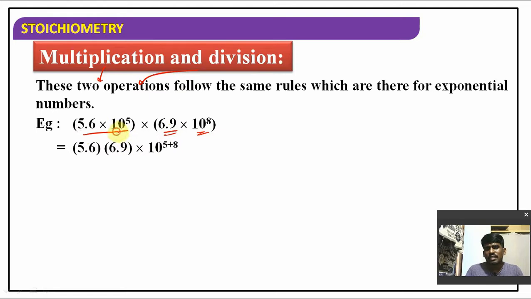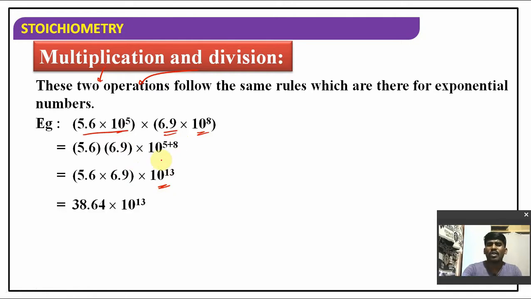Here this 10 is nothing but the base. So bases are equal. When bases are equal, add the powers in case of multiplication, right? So 5.6 into 6.9 into 10 to the power of 5 plus 8. That will give you 10 to the power of 13. So bases are equal, add the exponents. If you add the exponents, we got 10 raised to 13, and 5.6 into 6.9 will give you 38.64 into 10 to the power of 13.